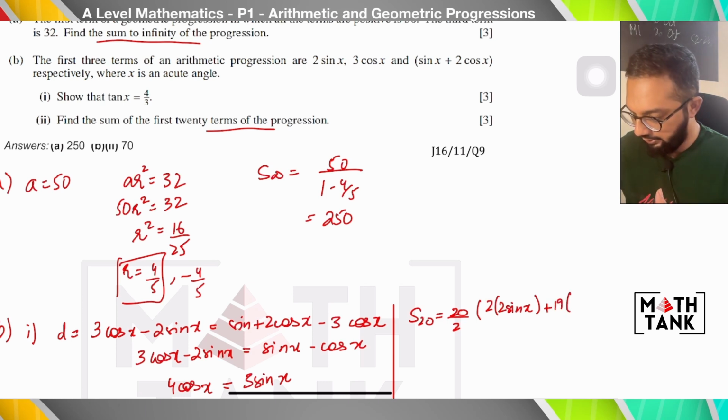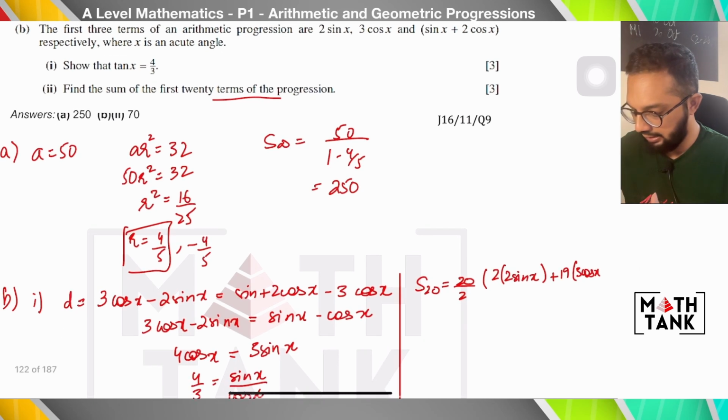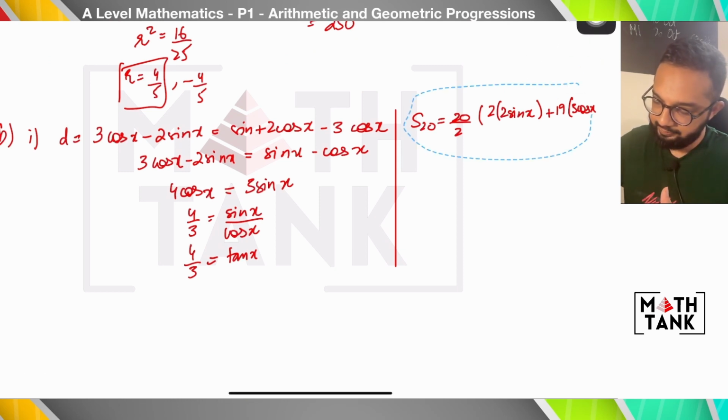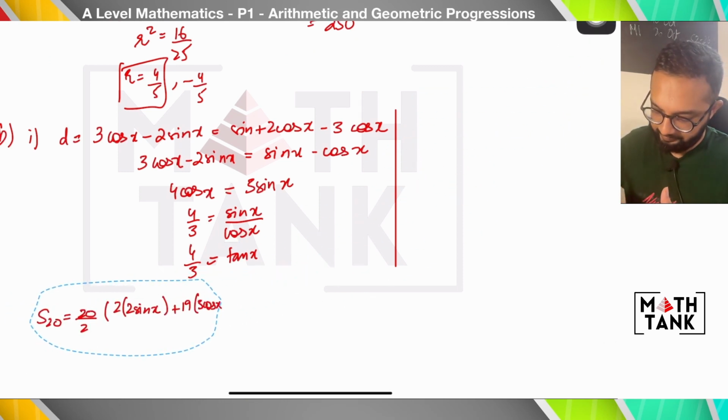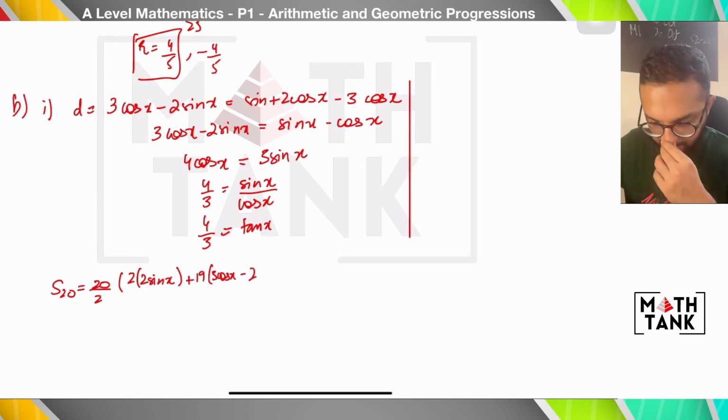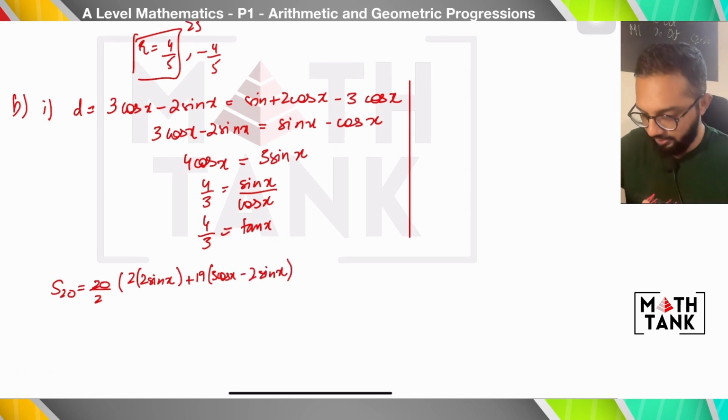D was 3 cos x minus, I seem to have run out of space. Let me just take this here. 3 cos x minus 2 sin x. Term 2 minus term 1.